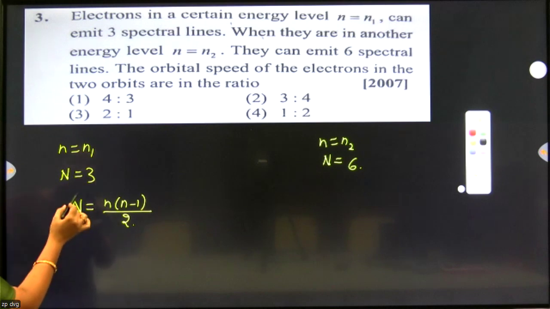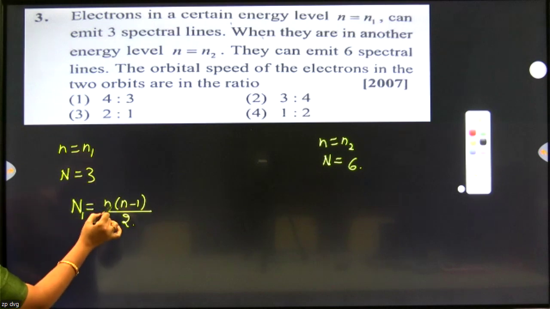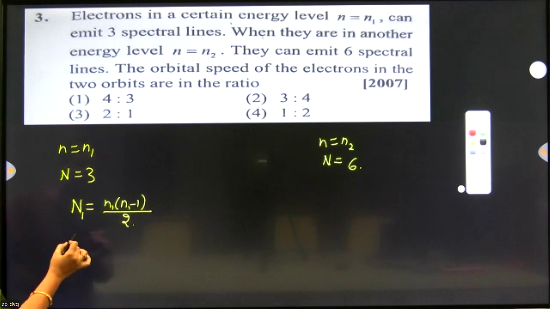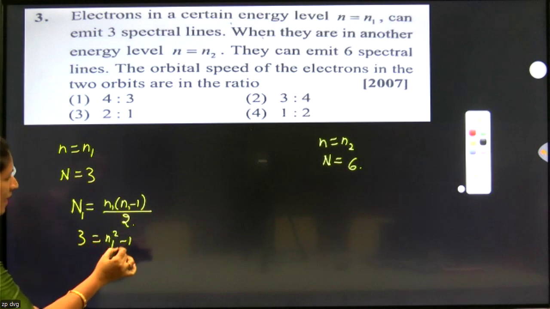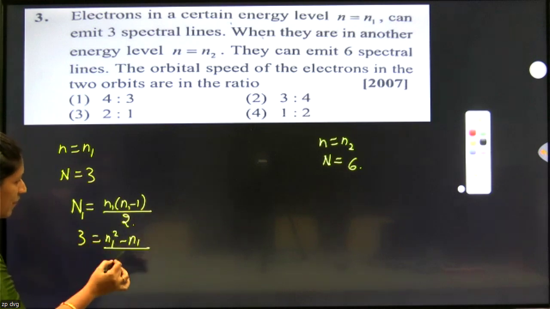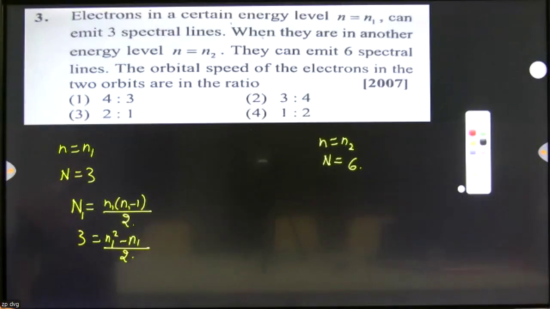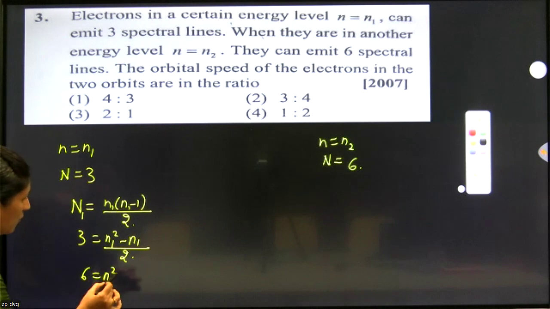Here they given n1 is equal to 3, so n1 square minus n1 by 2. On cross multiplication, 6 is equal to n1 square minus n1.